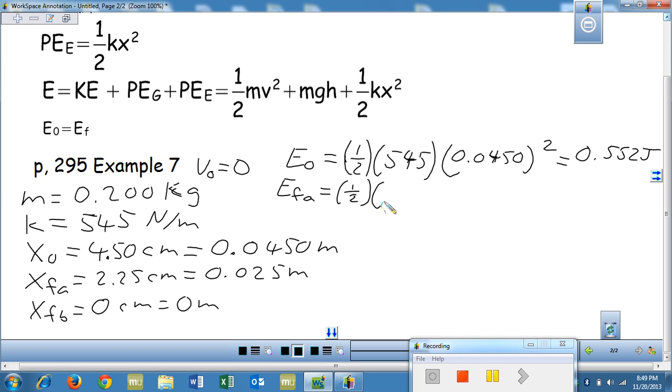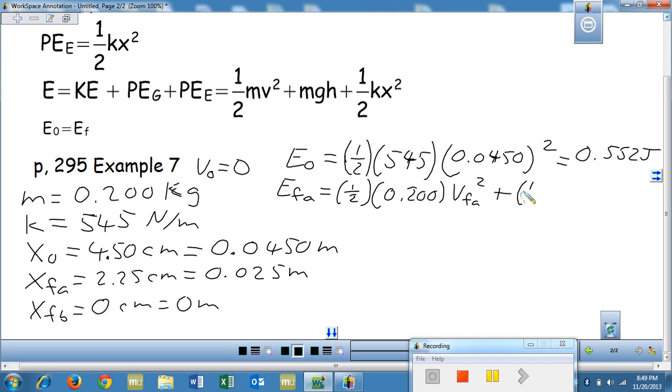1/2 times 0.200 times V final A squared plus whatever elastic potential energy is left, right? Because it's still stretched a little bit.